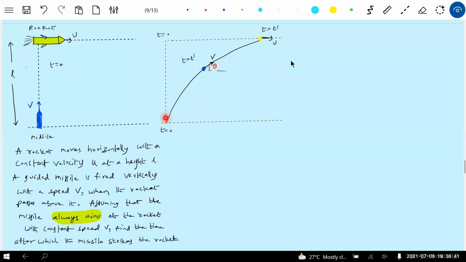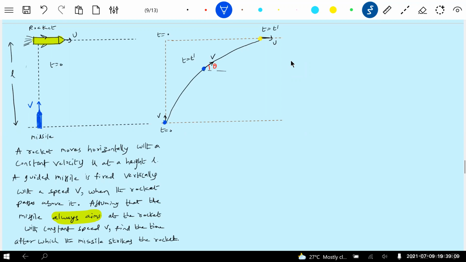Then from there it starts deviating. It's having a velocity, and afterwards it will deviate. Okay, sir. If you want, for your convenience, I'll write it. Agreed? Yes, sir. Understood.